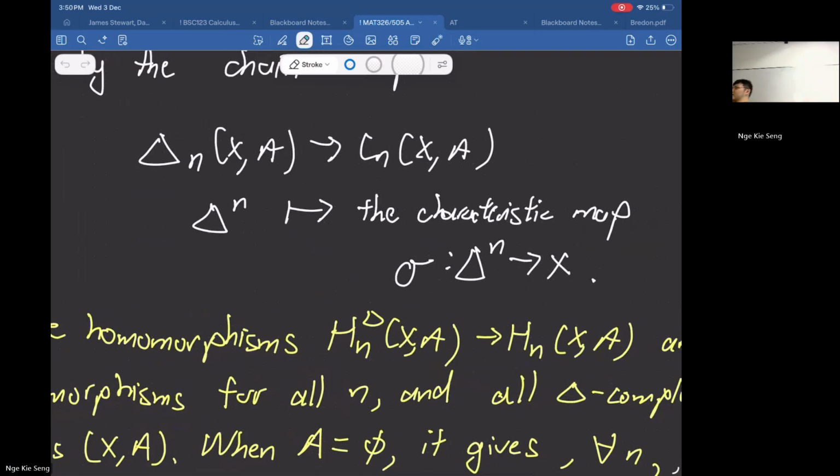That's it, because you need to put your delta simplex into your X. When you do the delta complex, you just send it to that characteristic map. So the idea is this: simplicial homology computes the homology of those simplices, and singular homology computes the homology of these maps. That's the story, but of course there are many technical things to check.